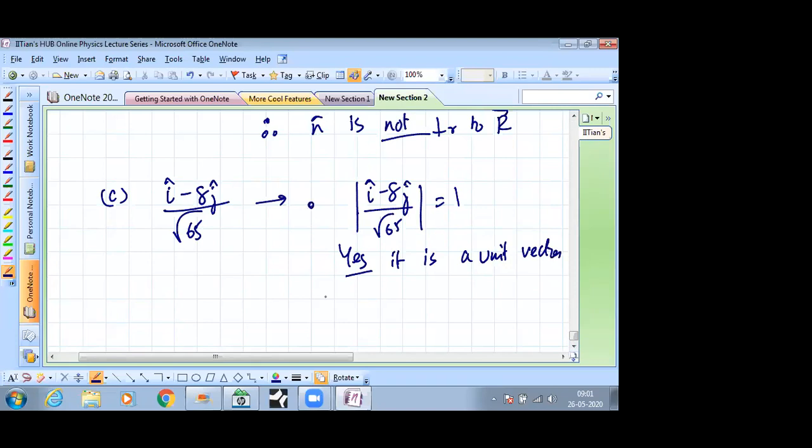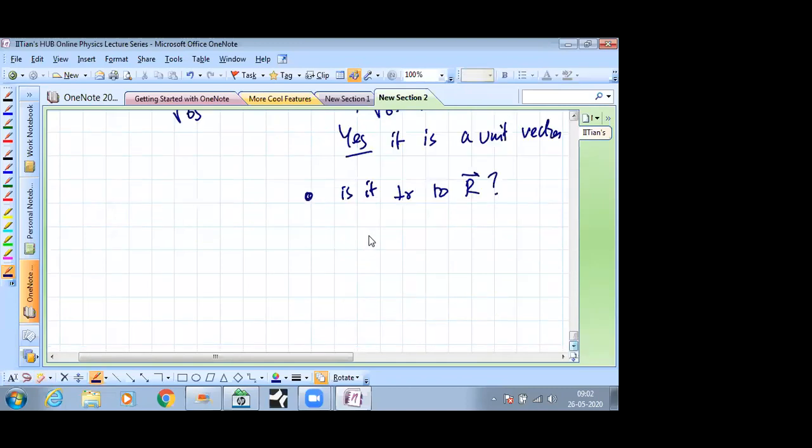The first point. The second point, is it perpendicular to the resultant vector? For that, you again quickly check n cap dot r, how much that is. Now if you check n cap dot r, you will see that in this case it is 0. So they are perpendicular.